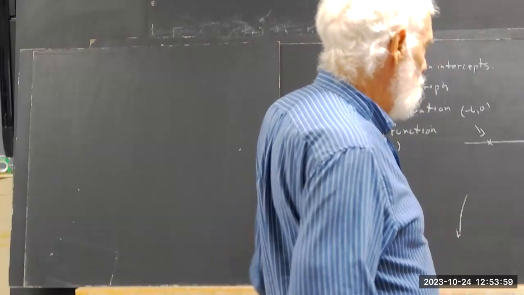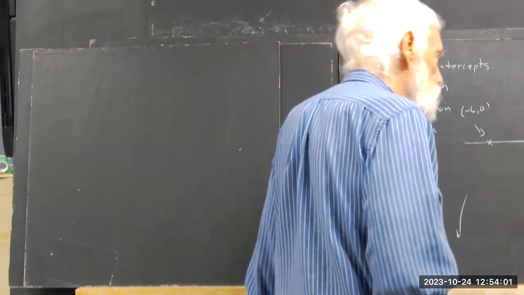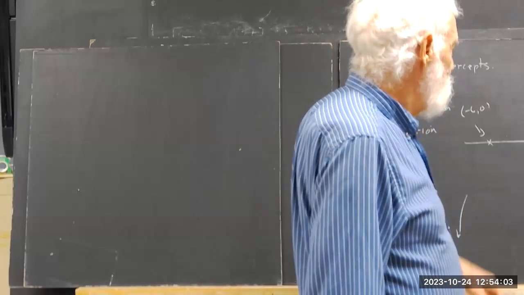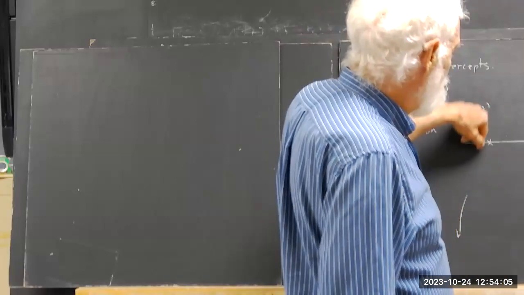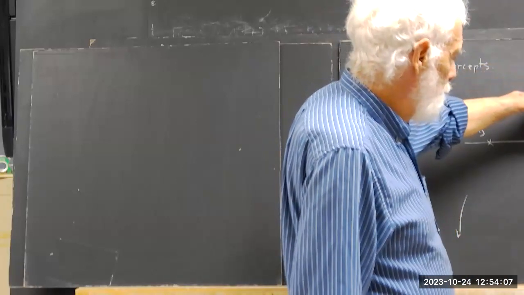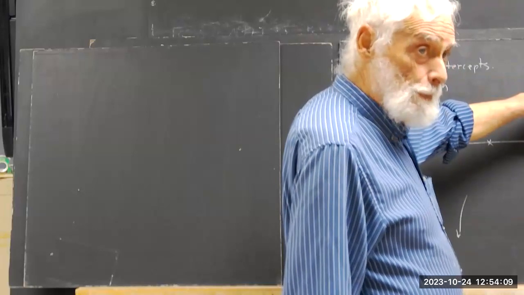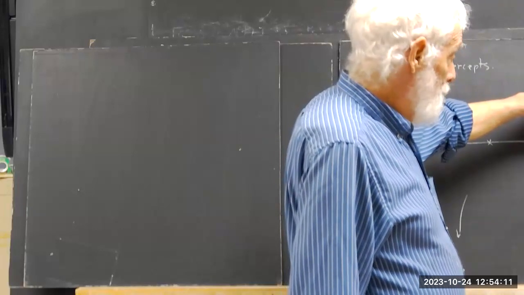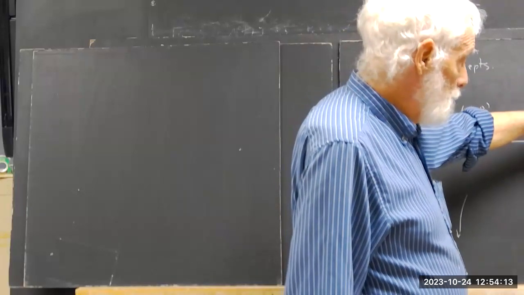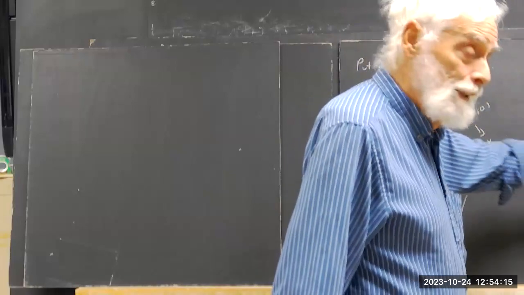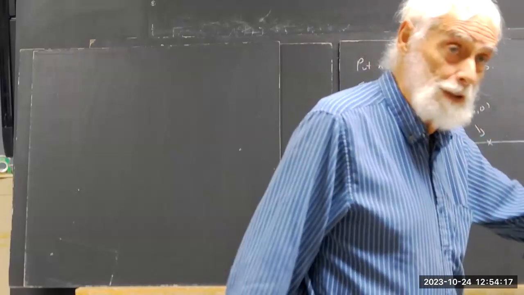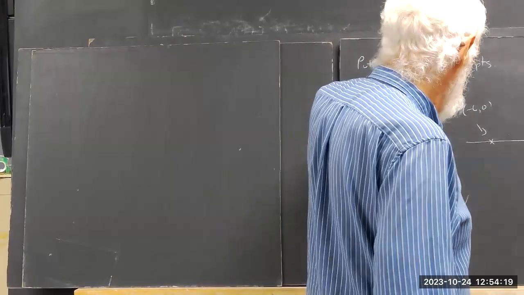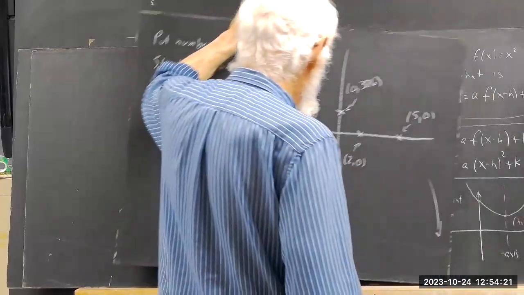So how am I going to draw the graph? Well, let's vote. I've got to come up through here, down through here, and then I've got to get this point. If I come down here and come up and get this point, I can't go through the x-axis, so I've got to go down.